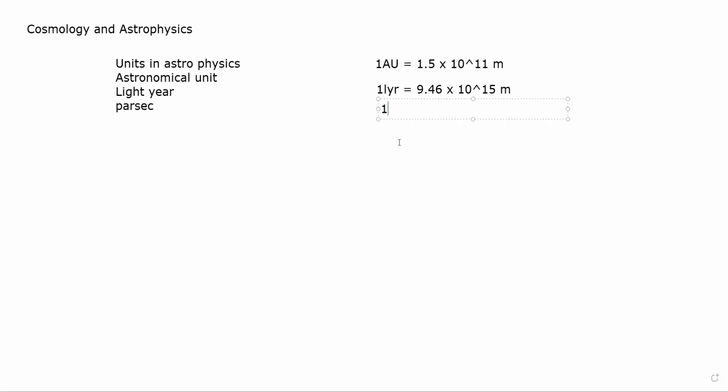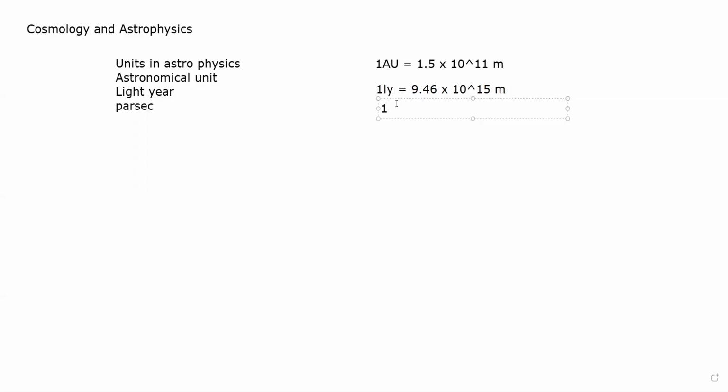So one parsec is denoted by PC. And for light year, we use LY. LYR is an abbreviation, but normally LY is used.